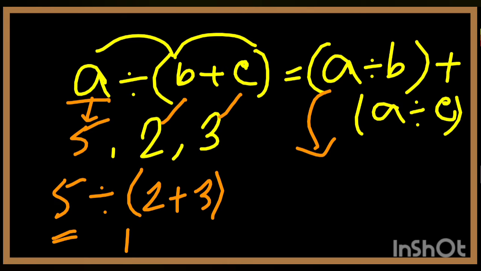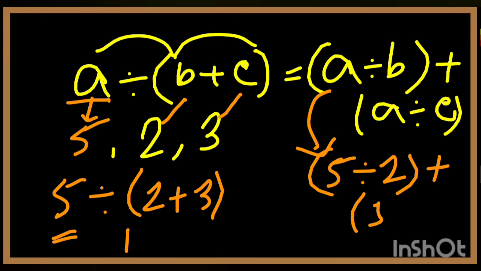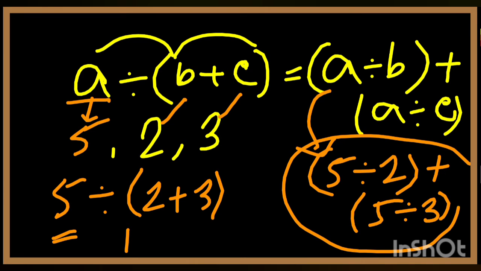Now if we elaborate the other part, 5 is divided by 2 and then 5 is divided by 3, and if we add these, definitely we are not going to get a whole number. It is very clear that 5 divided by 2 and 5 divided by 3 is definitely not a whole number.